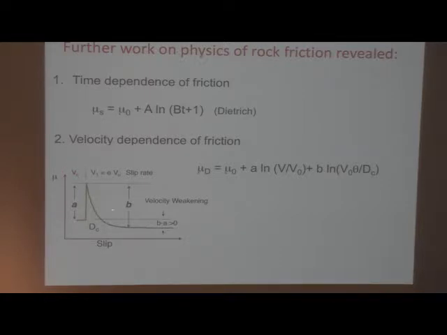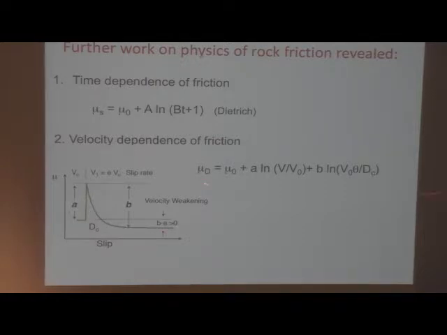Starting with some initial velocity, you have a particular friction, and then in this case velocity is increased. What was found was an instantaneous, very quick strengthening, or increase in friction, that was followed by a slow decline over some critical distance dc.